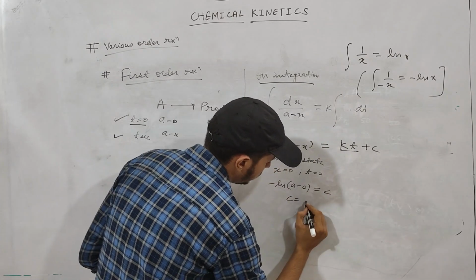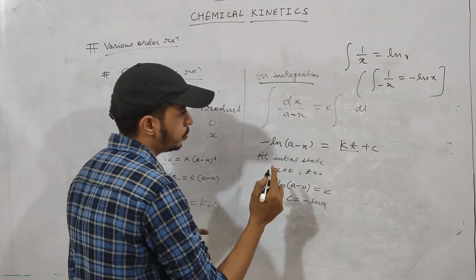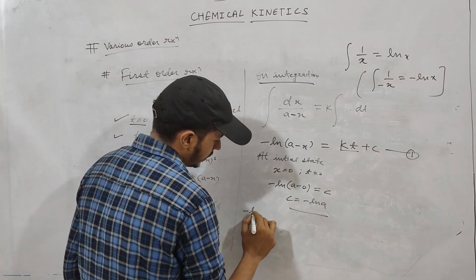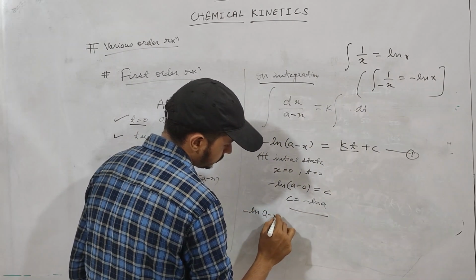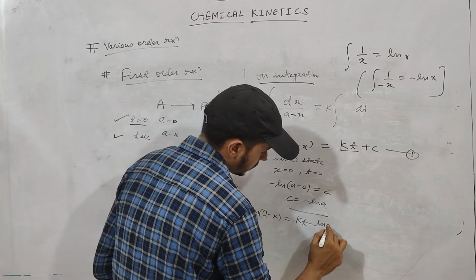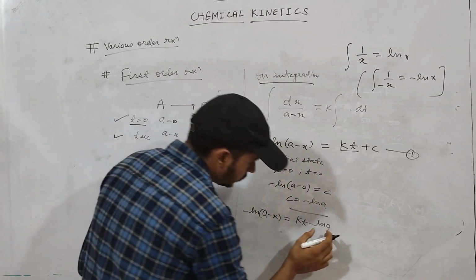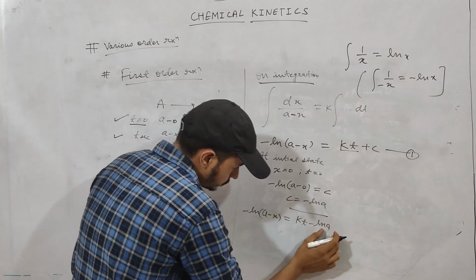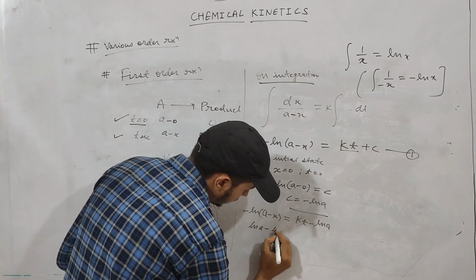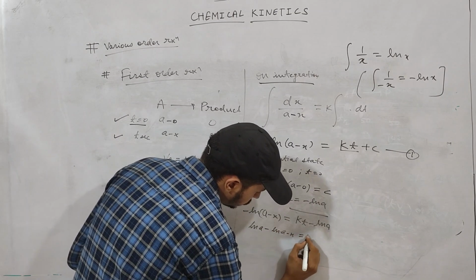So c value will become minus ln A. So now putting this value of c in the equation, we will get minus ln A minus x is equals to kt minus ln A. Now further solving, we will put these terms on this side, we will get ln A upon A minus x is equals to kt.